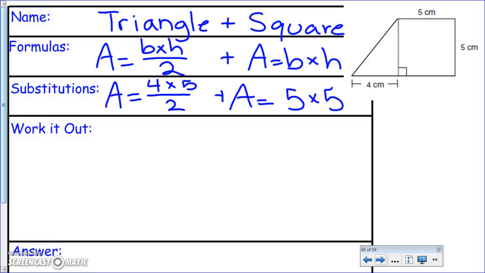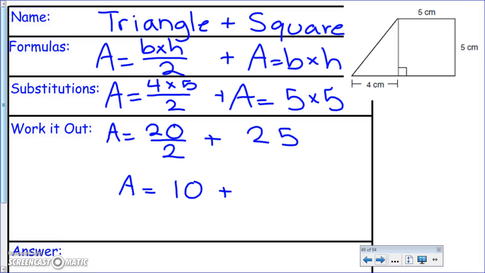Now we're going to work it out, and this is where we're going to work out the process. So for the triangle, we know that 4 times 5 is 20. And it's still over 2 because we have to divide it in half, so we know we get an area of 10. Then for the square, we know 5 times 5 is 25.